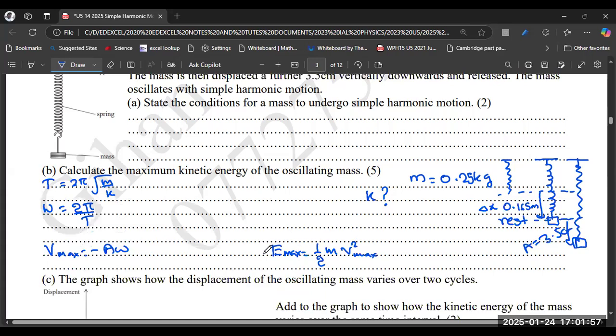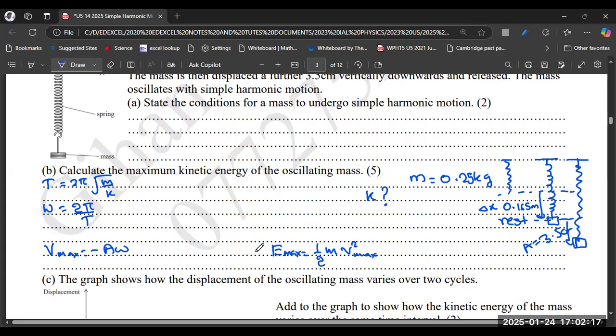So now I gave you a full plan. What I need at the end is the kinetic energy. To find that, I need v max. To find v max, I need omega. To find omega, I need T. That's how examiners make questions.